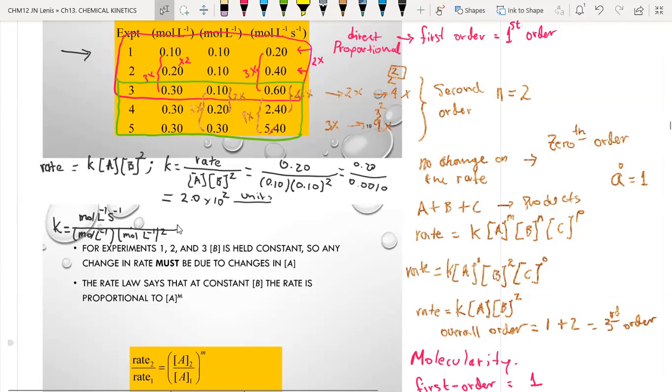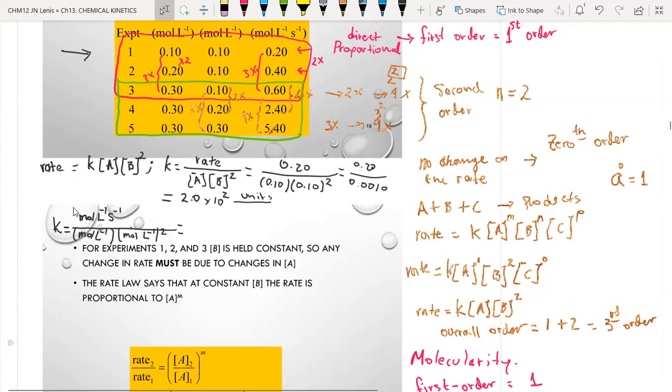And once you write everything down according to the rate constant equation you get from the rate law, we can simplify. How do you simplify this?